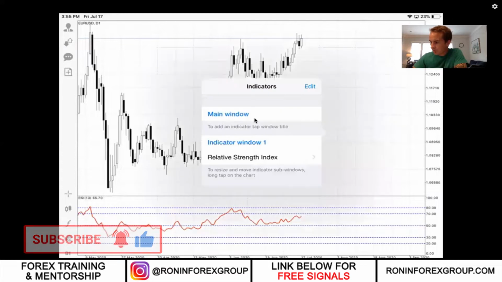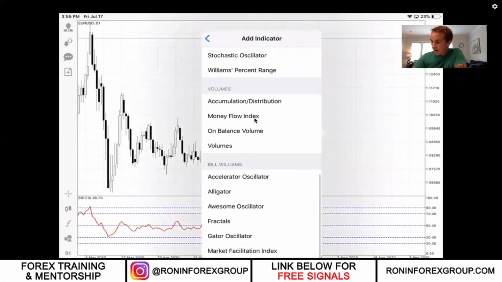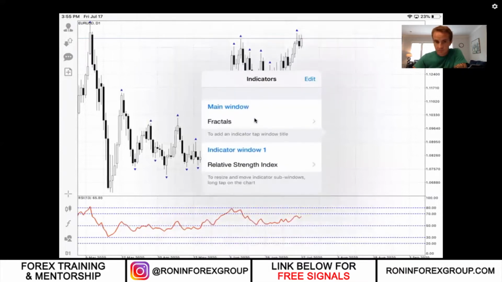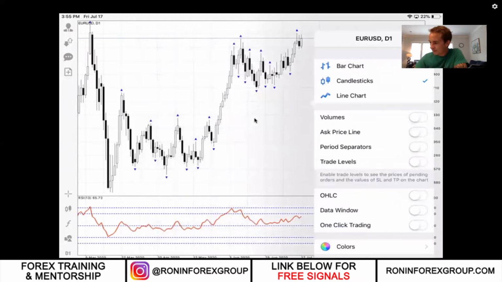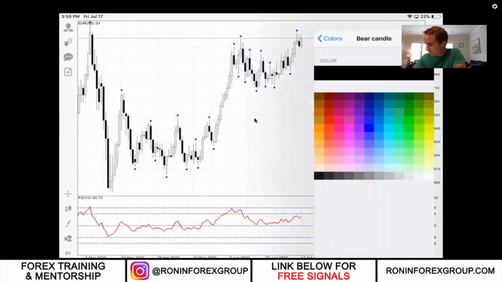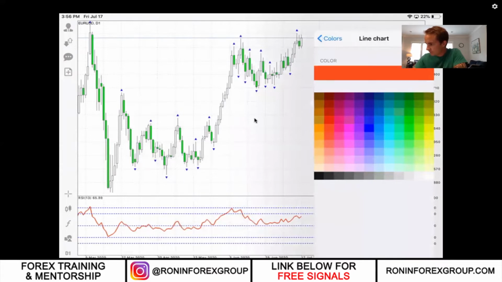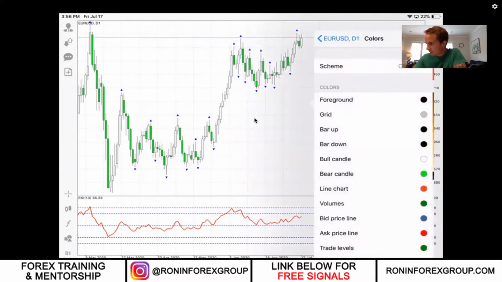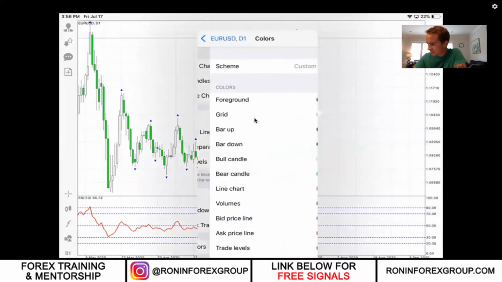And then we also are missing the fractals. Last but not least, colors. Green, light red. All right, the red didn't stay for whatever reason.